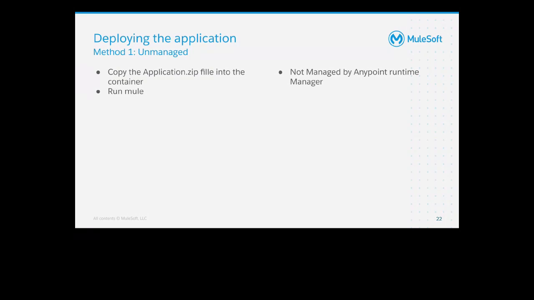And by unmanaged, I mean the application is simply copied. The application.zip file is simply copied into the container, and then the Mule runtime is started. That means that it's not managed by Anypoint Runtime Manager, because for that you need to set up a connection from the Mule runtime to the Anypoint platform.